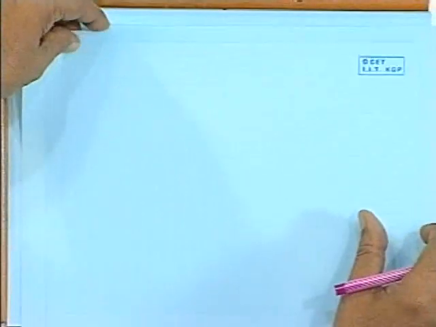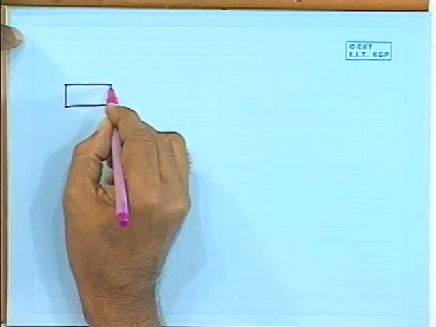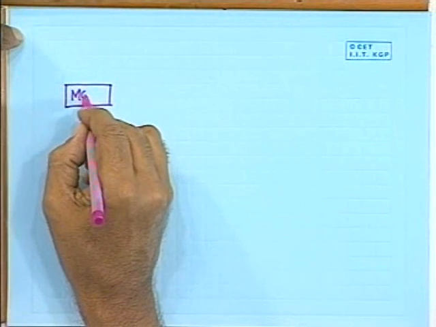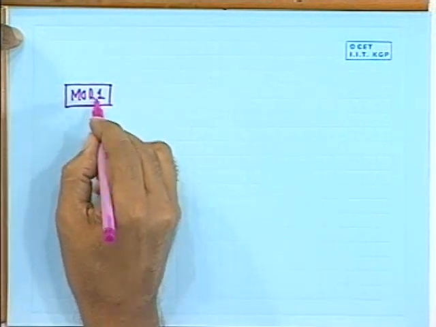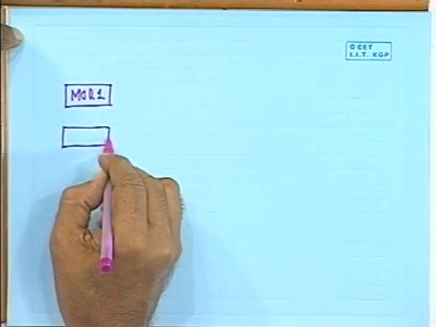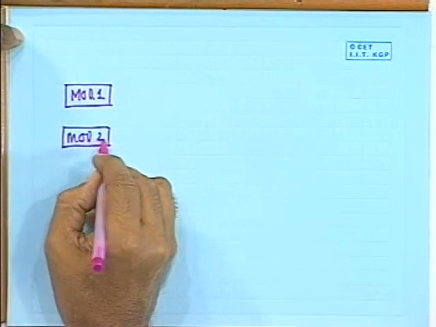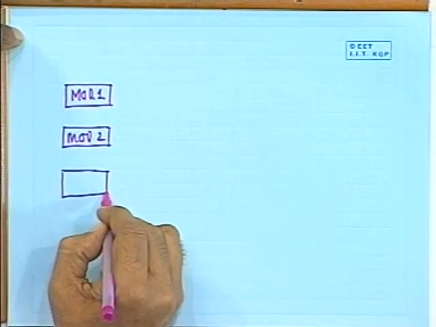How will you do that? How will the assembler do it? For that purpose, the approach will be somewhat like this. Say this is your module 1, module 2, module 3.